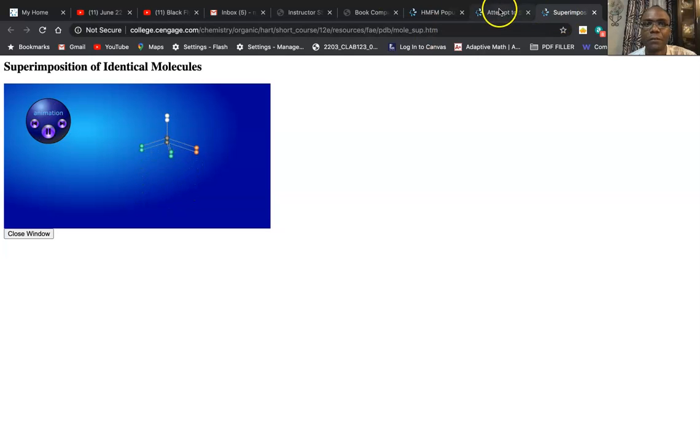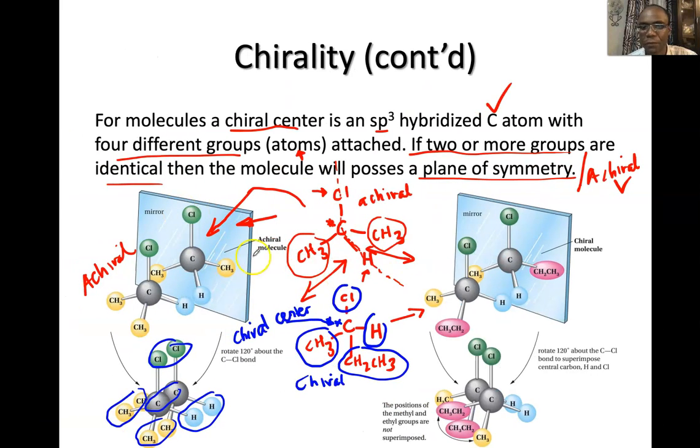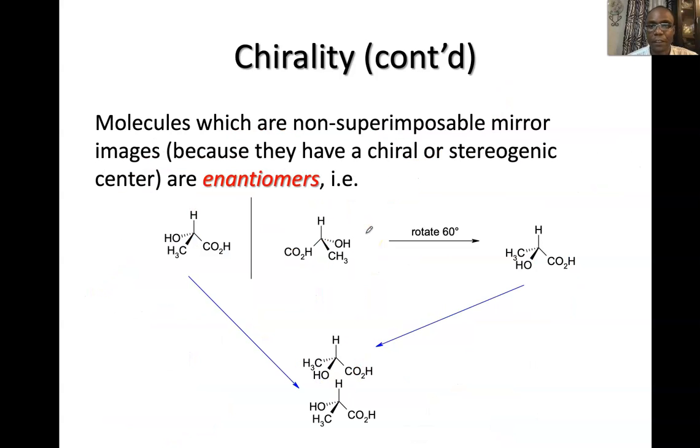But if you try to do that for enantiomers, which by definition I said are mirror images of the same molecule that don't have an internal plane of symmetry, if you try to do that, there is no match. You see the green and the orange are not matching at all. So that's what we are trying to explain on this busy slide.